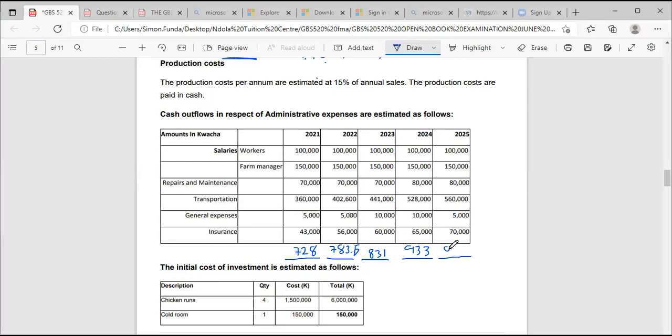So the last one is 965. So these are the administrative expenses. So let's take them back to the whiteboard.